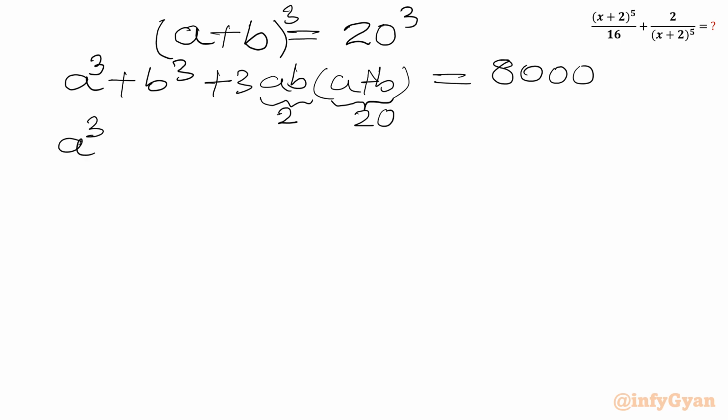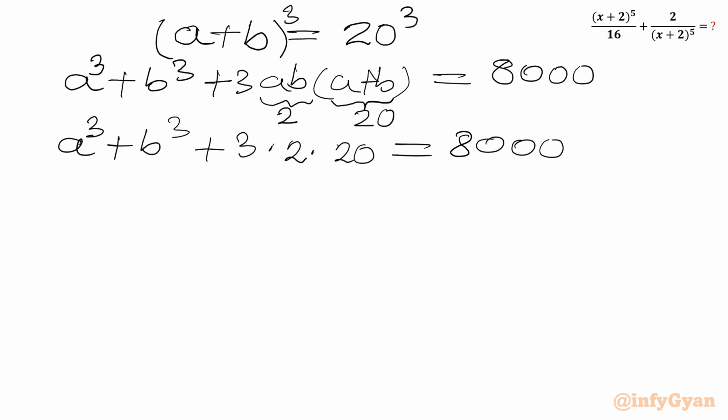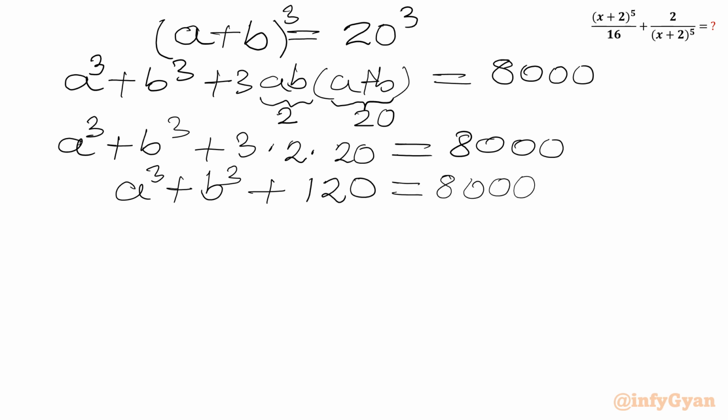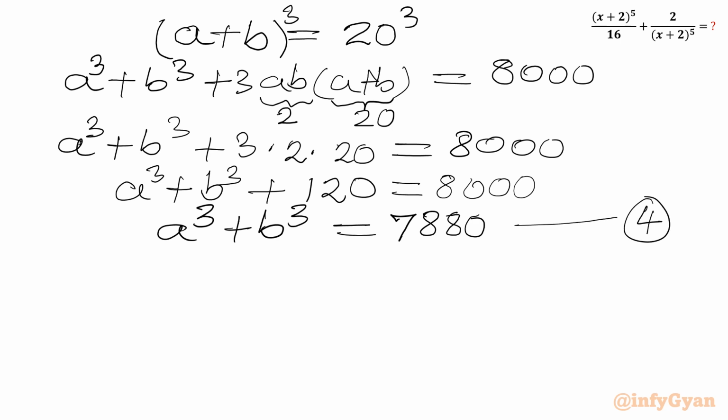So I can write a cube plus b cube plus 3 times 2 times 20 equal to 8000. Or a cube plus b cube plus 6 times 20, 120, equal to 8000. Now take away 120 from both sides. We will get a cube plus b cube equal to 8000 minus 120, 7880. Let's say this is our equation 4.